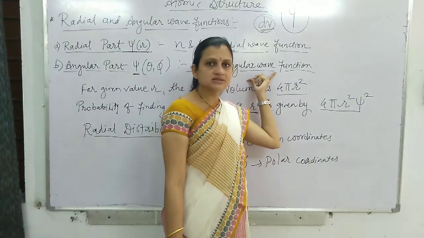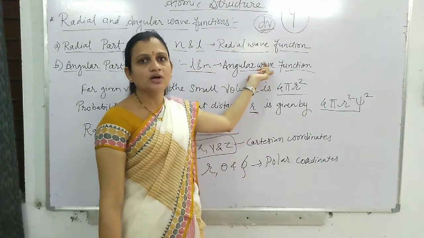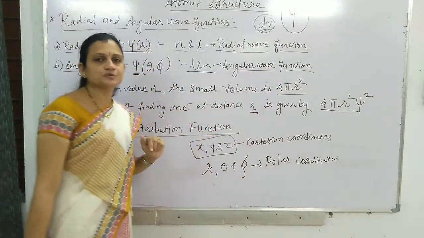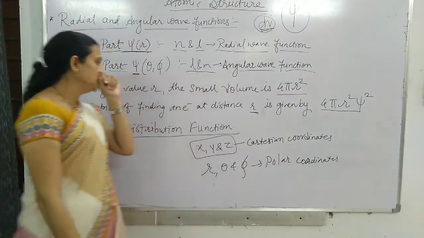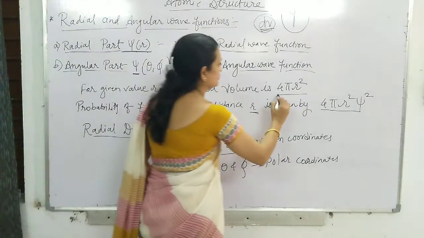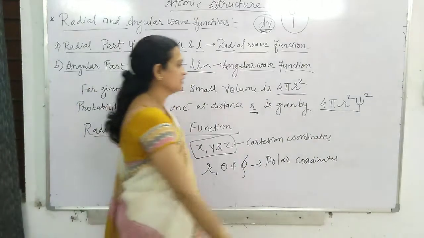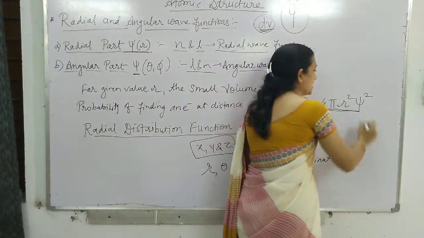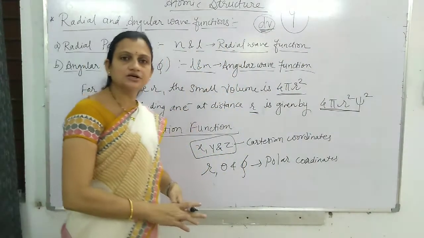The radial wave function itself does not show any physical significance, but its square shows the probability of finding an electron in the given volume dV. Therefore, for a given value of r, the small volume is 4 pi r square, and the probability of finding an electron at the given radius is 4 pi r square into psi square, known as the radial distribution function.